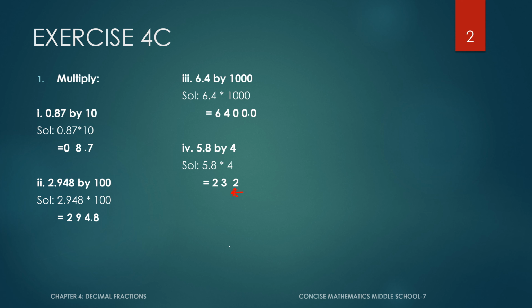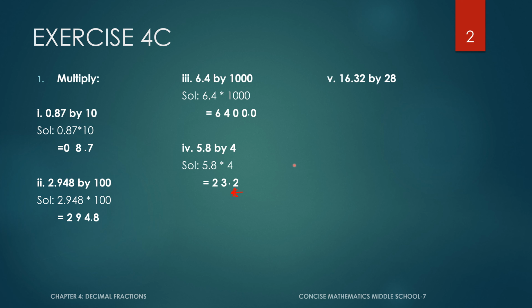From right, we are going to move one number, so it will be over here. Yes, from here, just imagine the point over here, and from here it will move over here. Only one place towards the left, since only one decimal place is there after the point.